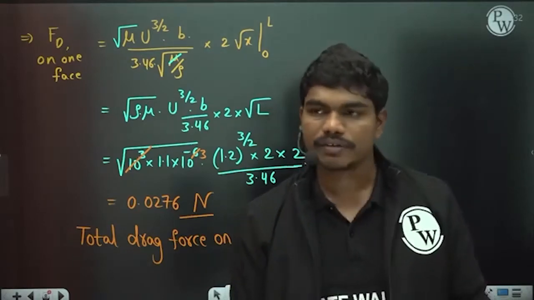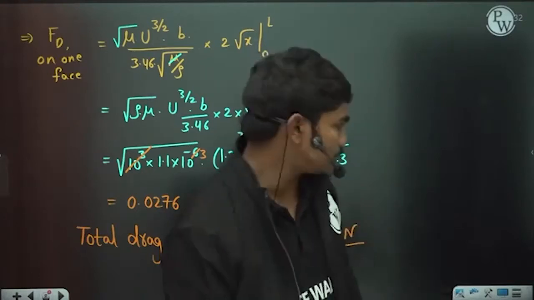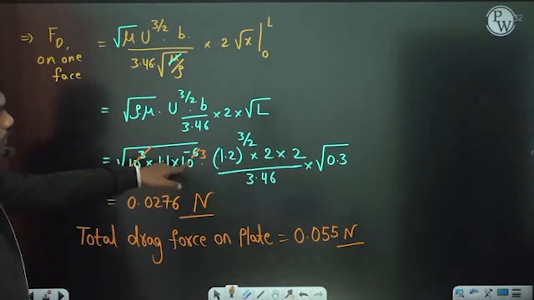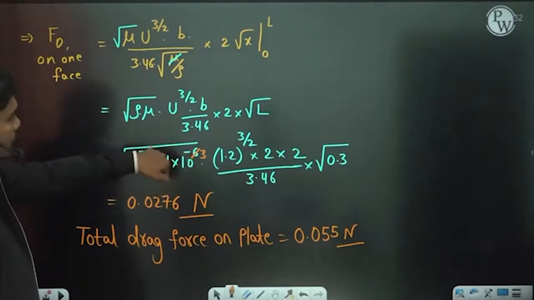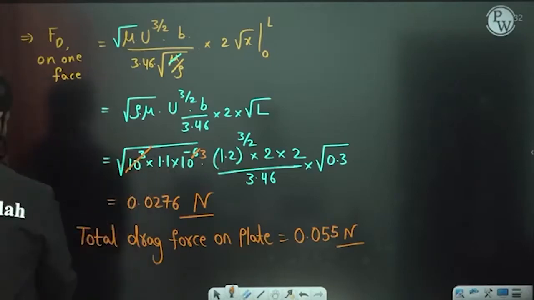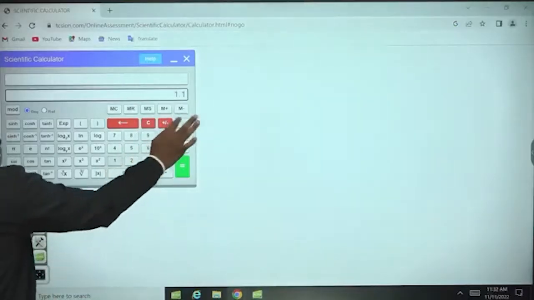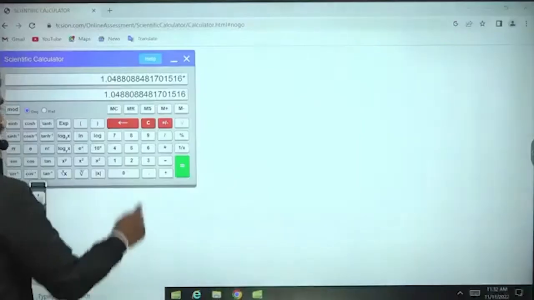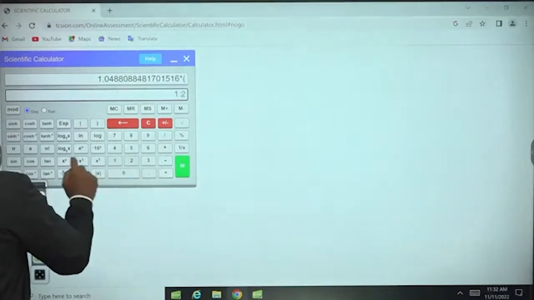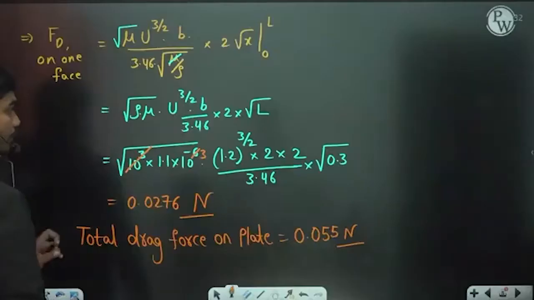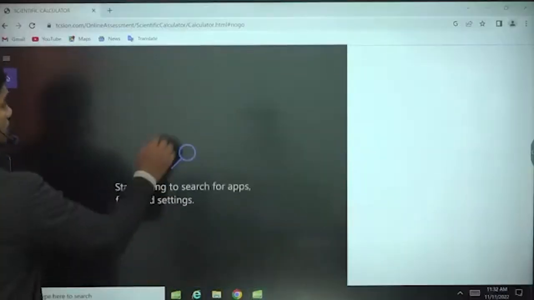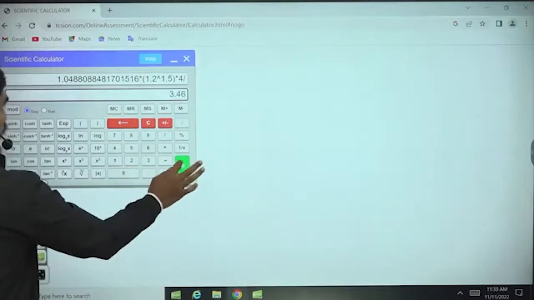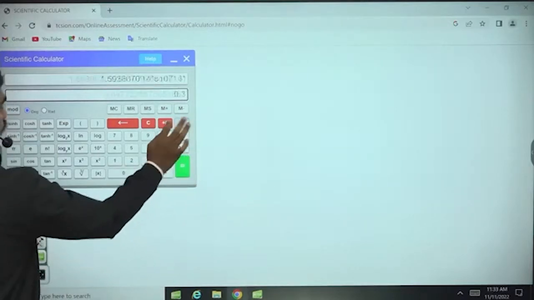Practically speaking, the dynamic viscosity of water is 1 centipoise. So if we do this calculation with this 10 power minus 3, the 10 power minus 3 gets cancelled. Square root of 1.1 into 1.2 whole power 3 by 2, which is 1.5, into 4 by 3.46, into square root of 0.3.